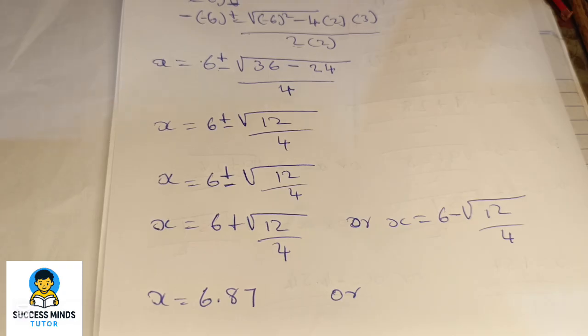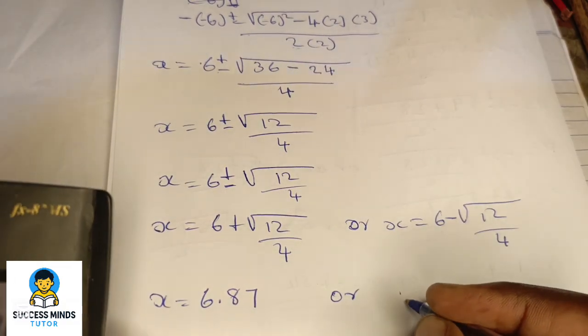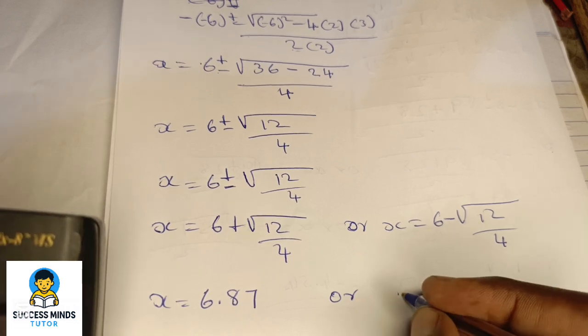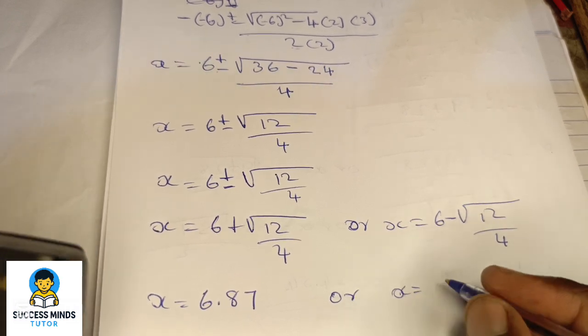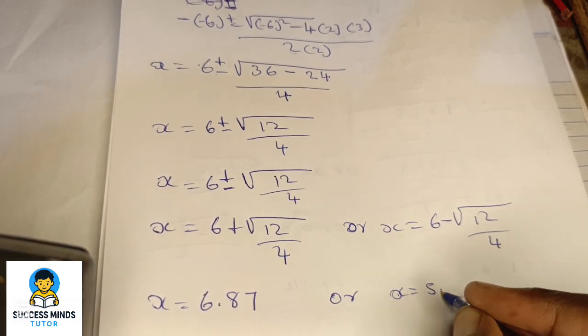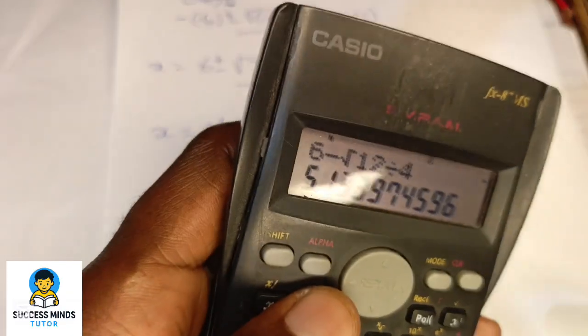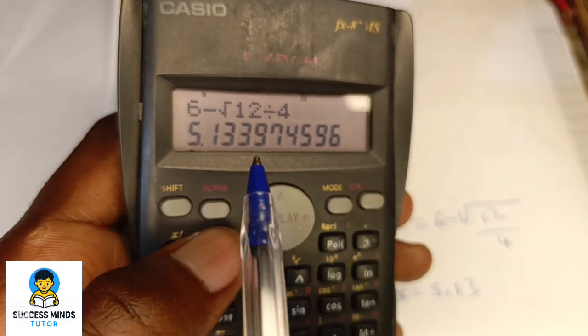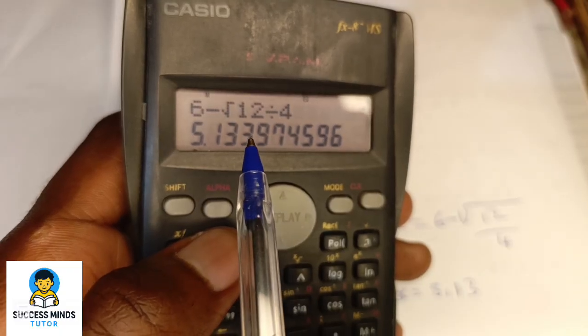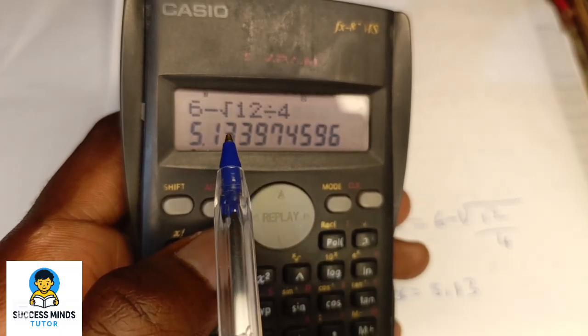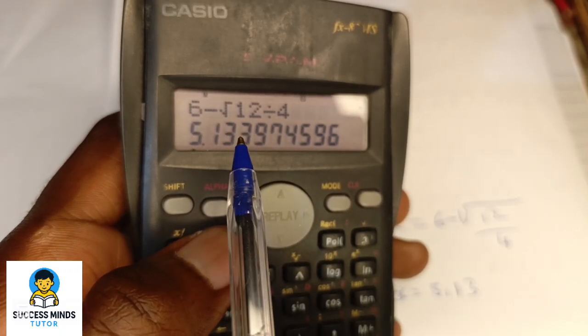So here the answer it's giving us, x is equal to 5.13, because here, guys, this 3 is less than 5, so it can't add anything to this 3.